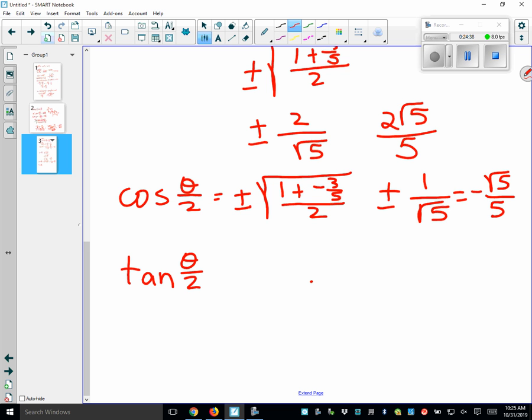Just copy radical minus cosine over sine. It's 1 minus cosine over sine. Radical's easy, so we already found it. Plus or minus? You said 1 minus cosine? Isn't that 1 plus 3/5 over 1 plus negative 3/5?